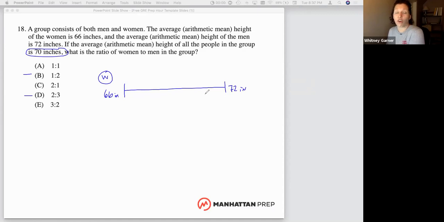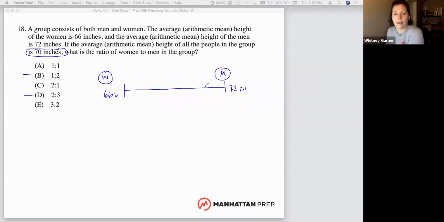Is that the middle? Is the middle 70 inches? No, right? The middle is not 70 inches. It's closer to which side, the right or the left? Closer to the right side.